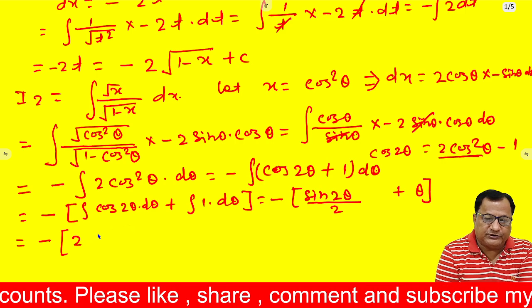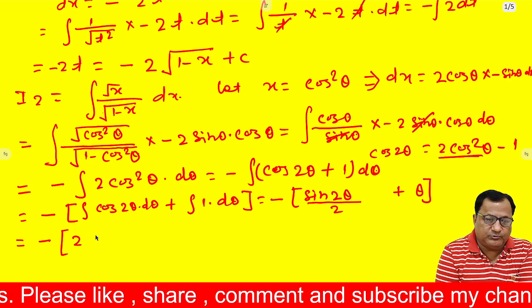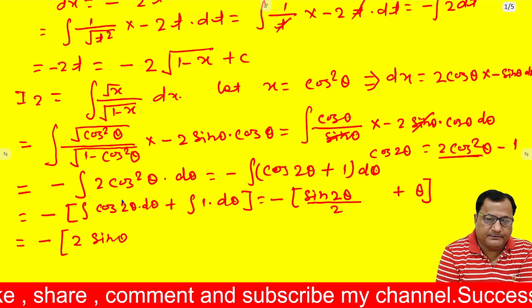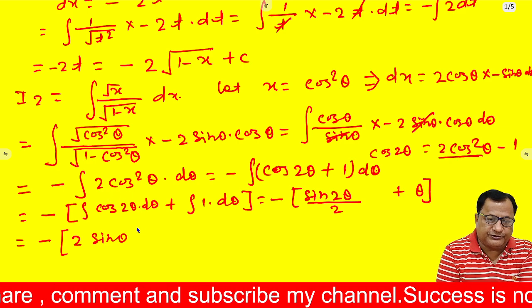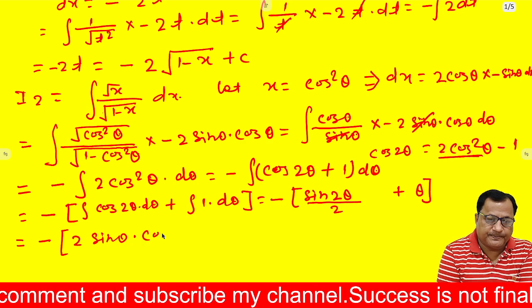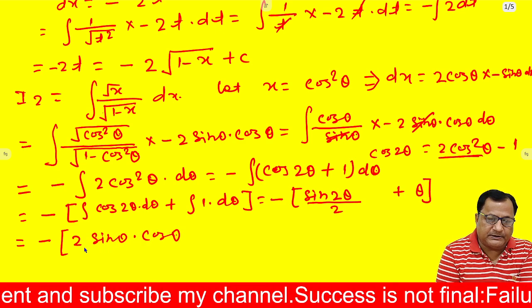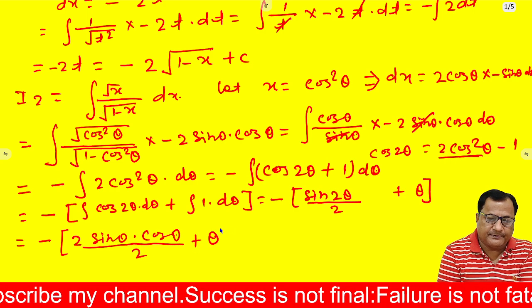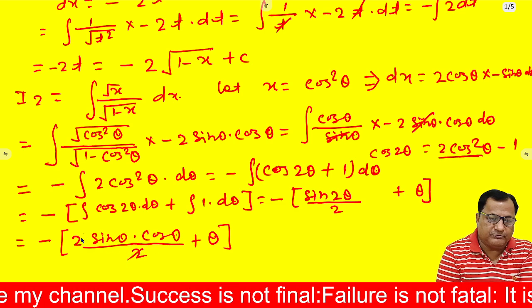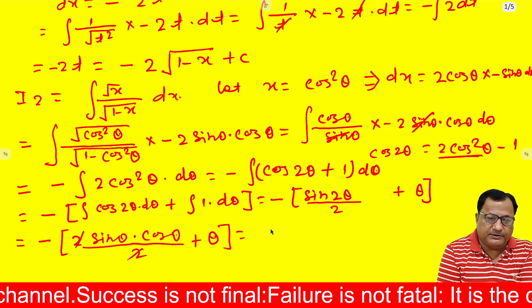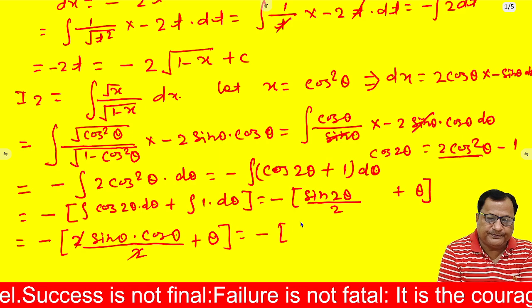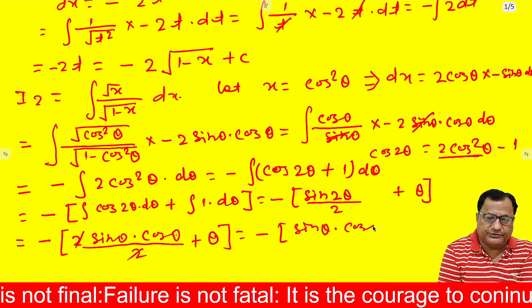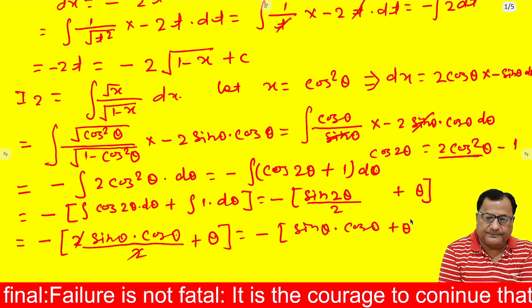Now sin 2 theta we can write as 2 sin theta into cos theta, divided by 2, plus theta. 2 and 2 will cancel, so this will be minus sin theta into cos theta plus theta.